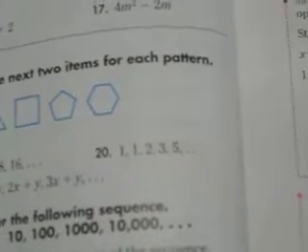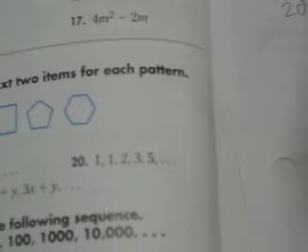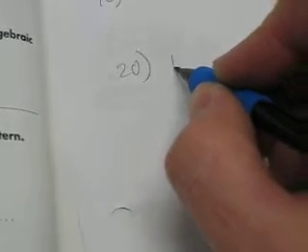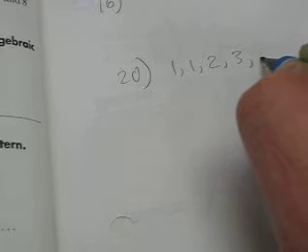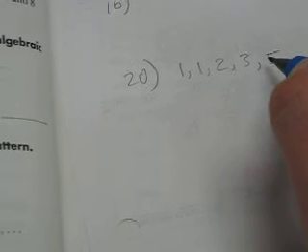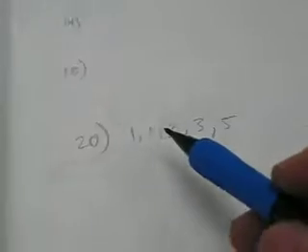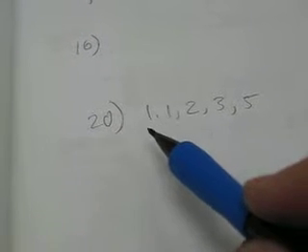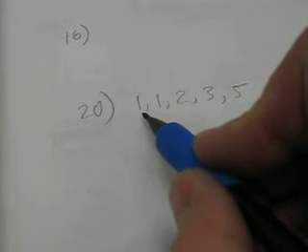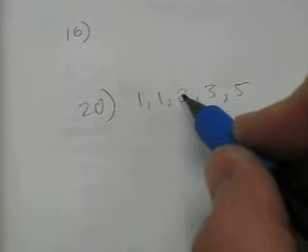Okay, number 20. We have the pattern 1, 1, 2, 3, 5. The directions say to write the next 2 items in each pattern. Well, we want to see how we get from one term to the next. This isn't very obvious, but it looks like we would do 1 plus 1 to get 2.